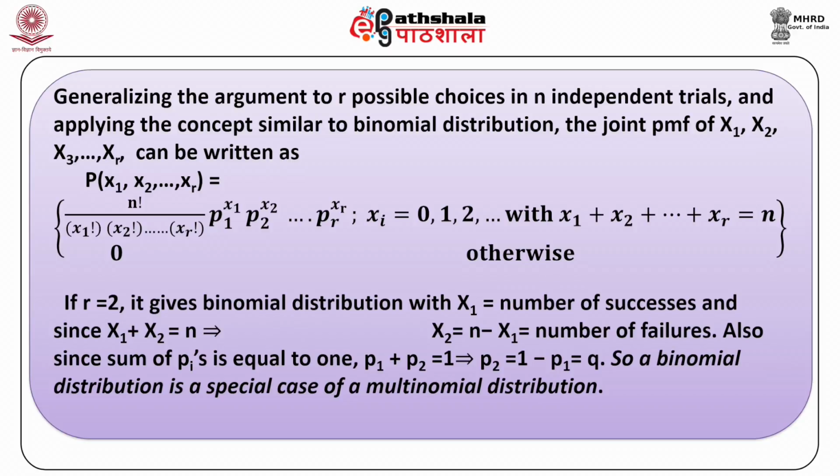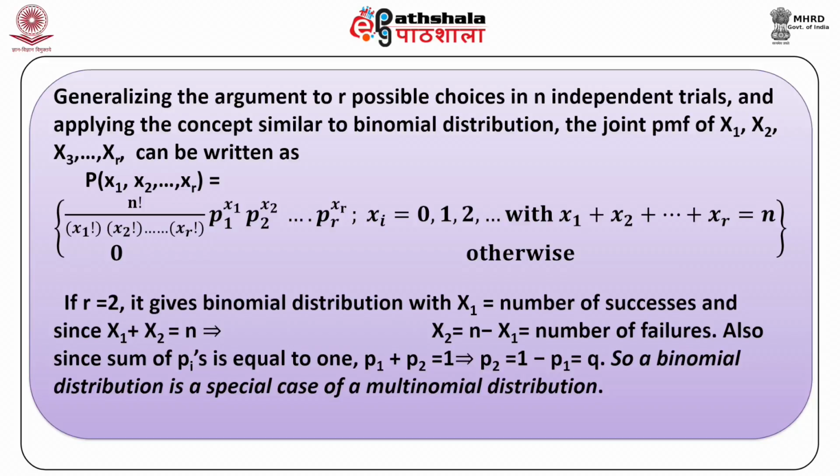Generalizing the argument to r possible choices in n independent trials and applying the concept similar to the binomial distribution, we can define the joint probability mass function of X1 to Xr as the probability of X1 equal to x1, X2 equal to x2, up to Xr equal to xr, which is equal to n factorial upon x1 factorial into x2 factorial up to xr factorial, into p1 raised to power x1, p2 raised to power x2, up to pr raised to power xr.